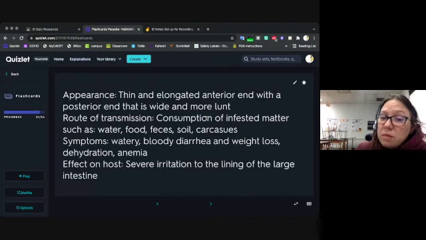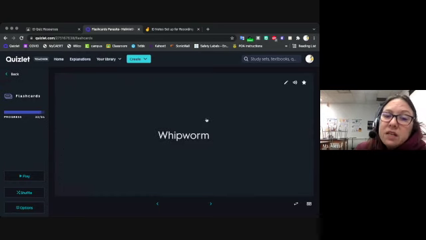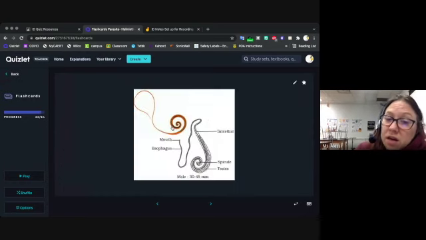Symptoms: watery, bloody diarrhea, weight loss, dehydration, and anemia. The effect on the host: they cause severe irritation to the lining of the large intestine. Here's our whipworm. Again, the mouth is on that edge of the whip, and it's very, very thin here, but then it thickens up at the tail end.